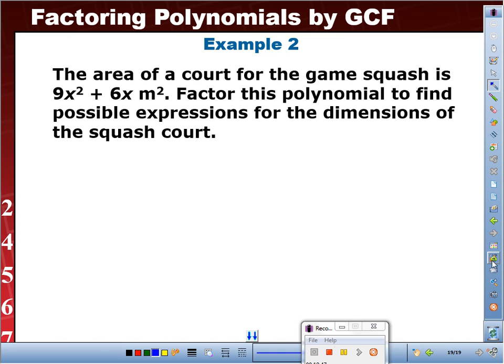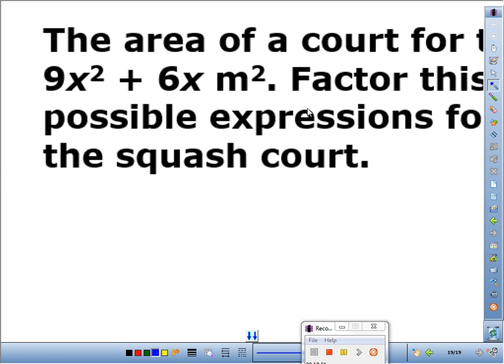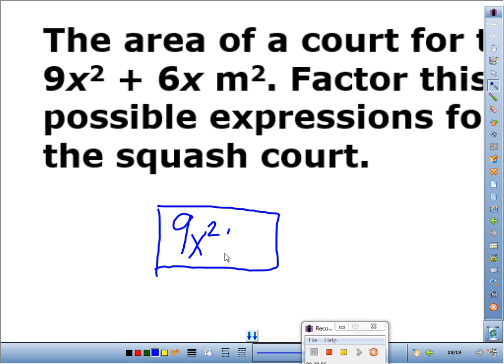Don't copy this one. Let me just illustrate because I need to get to a couple more. When they talk about areas in word problems, here they say the area of a court for squash is 9x squared plus 6x meters squared. They ask us for the dimensions.